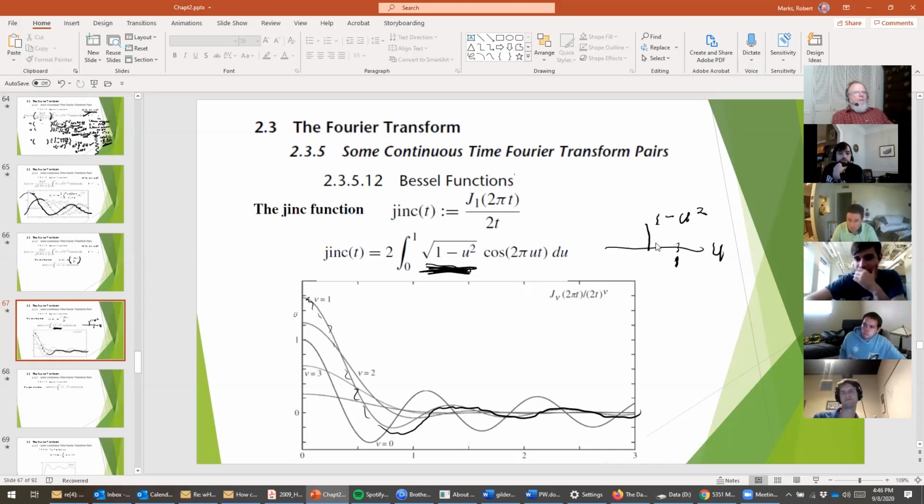Zero. What's it equal to at the origin? 1. Yep. And at -1, since it's an even function, guess what it is? Oh, it's a circle. It's half of a circle. So half of a circle has a Fourier transform of a jinc function. And we'll talk about that more next time.